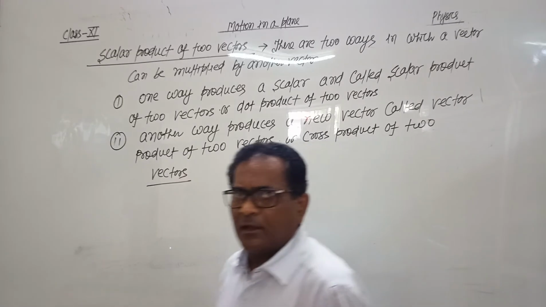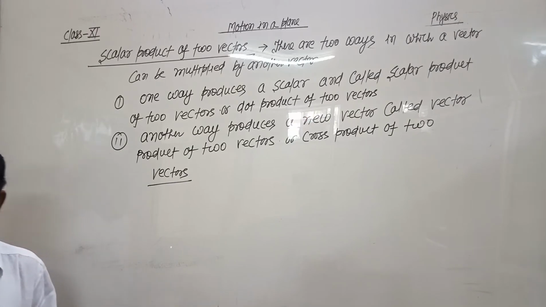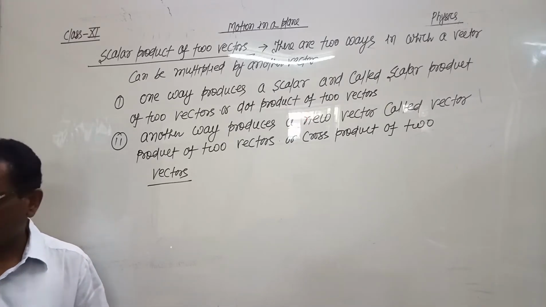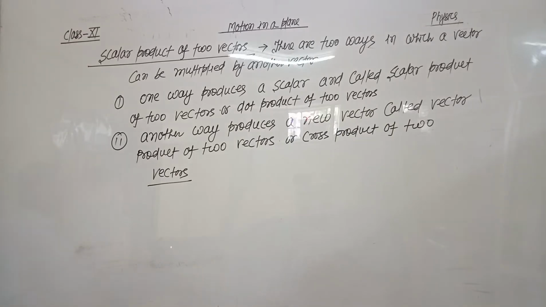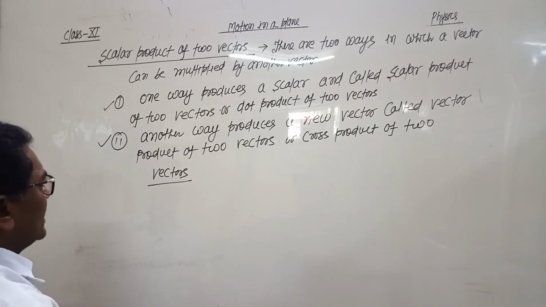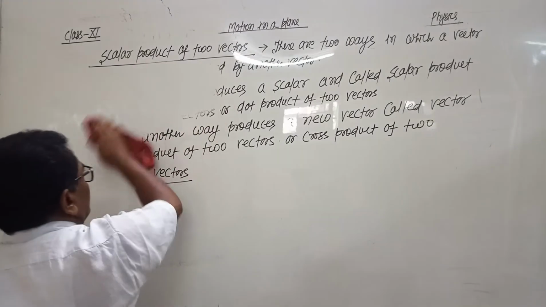If the result is a scalar, it is the scalar or dot product. If the result is a vector, it is the vector or cross product. Now we study both ways one by one.